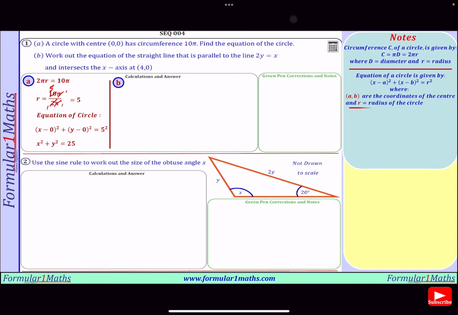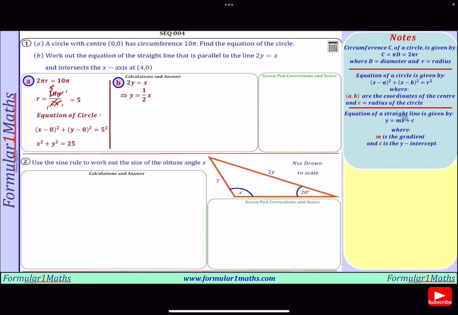For B, the equation of a straight line is given by y = mx + c, where m is the gradient and c is the y-intercept. So I'm going to rewrite the equation of this line, 2y = x, in this form. It means I'm going to make y the subject. If I do that, I'll get y = ½x.